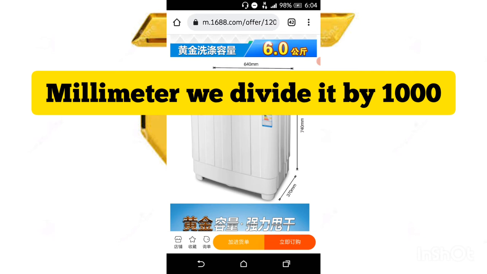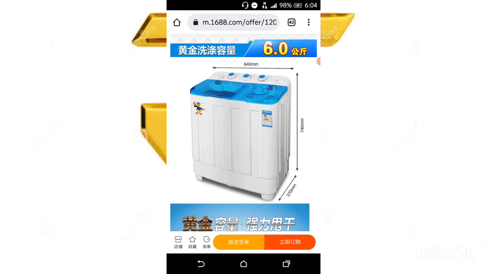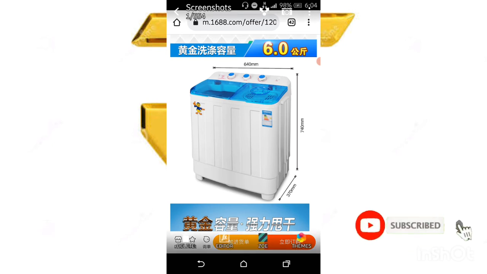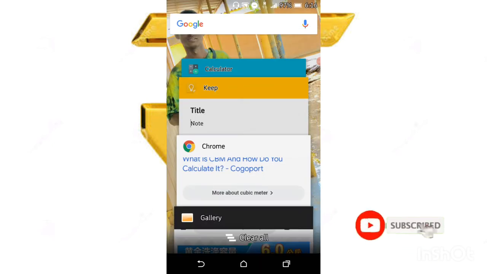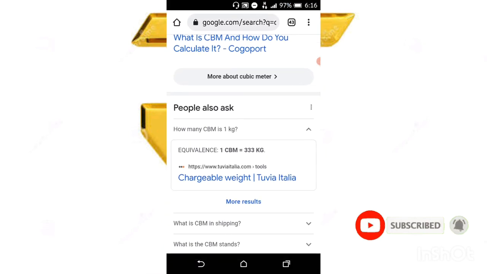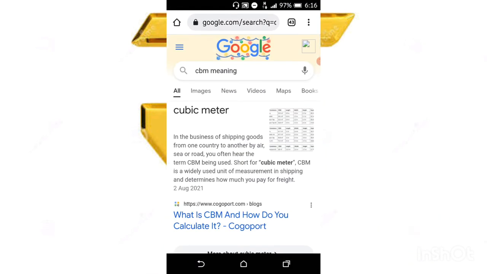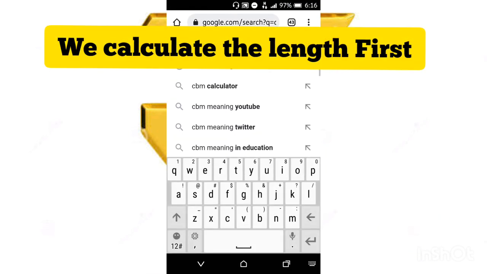But I won't be cracking my brain. I'll just take it to Google, and Google will give me the exact amount in meters. So let me go to my Google.